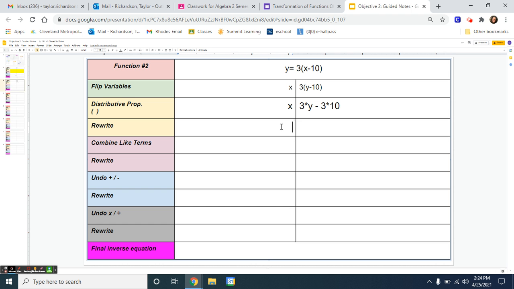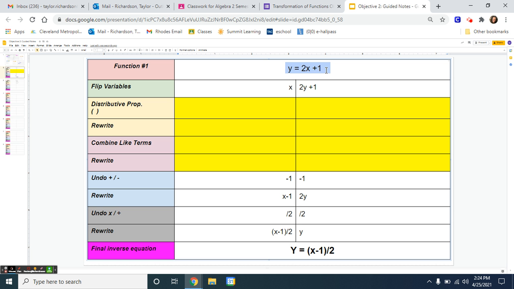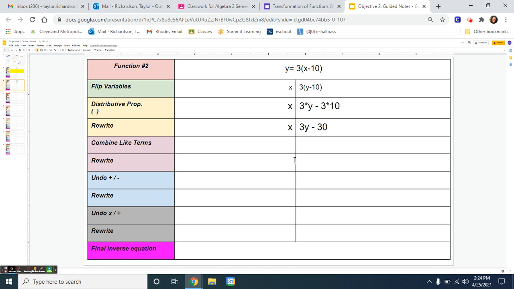Now let's rewrite. We saw that 3 times y is 3y. And then 3 times 10 is 30. So this right here looks very similar to the previous problem where you have something being added or subtracted and a number out front. So combining like terms, I can't do. That is not a part of this.